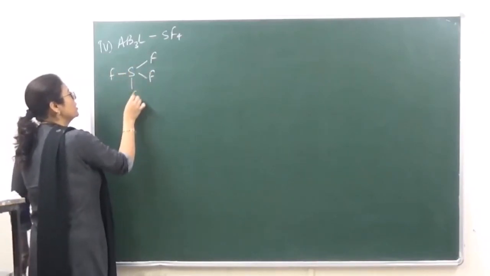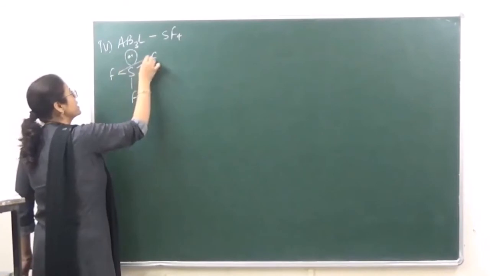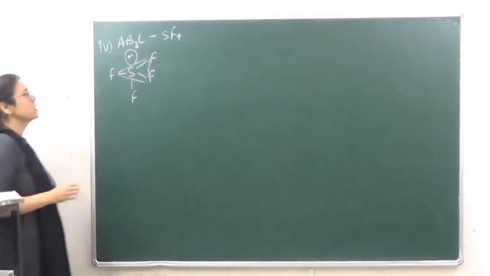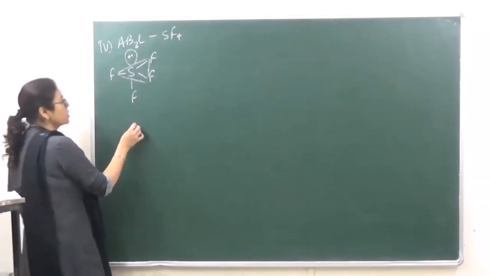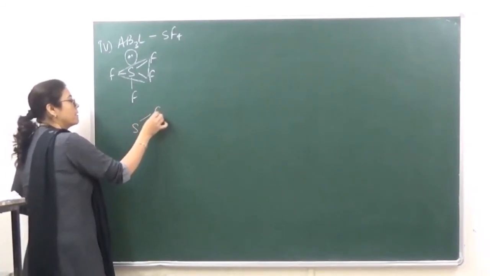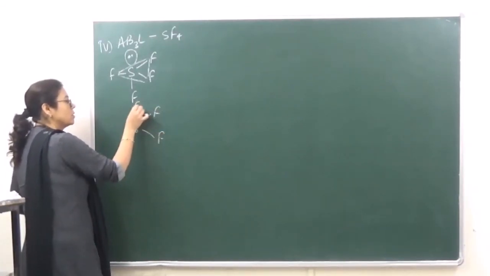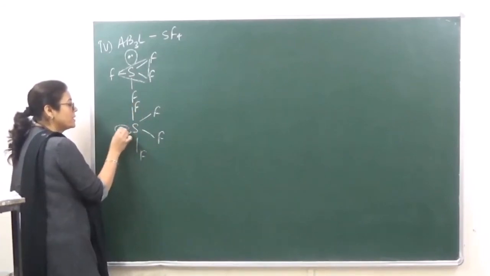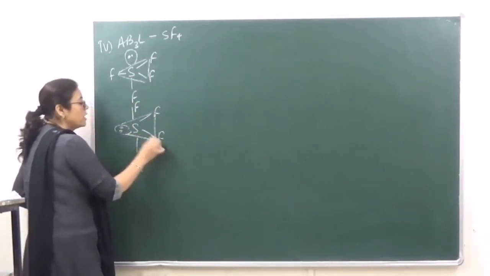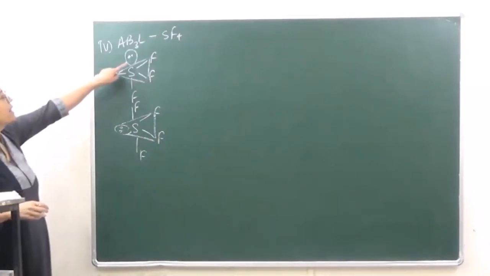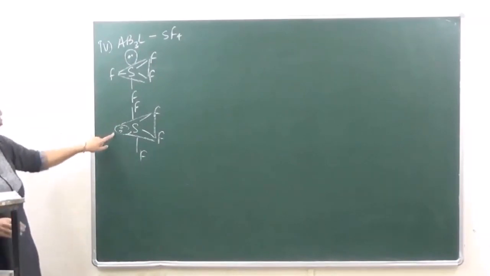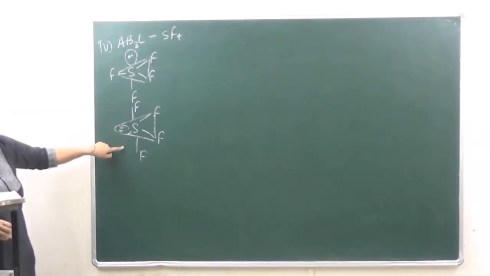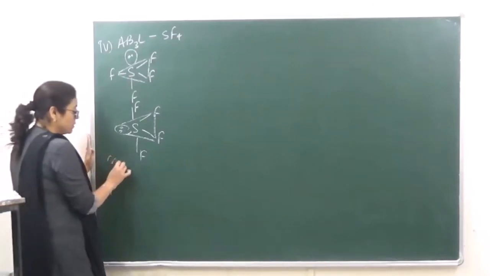The first structure is one in which the lone pair is directed towards the axial position, and the second is one in which the lone pair is directed towards the equatorial position. If you're looking at the lone pair over here, it is going to suffer 3 repulsions, and the lone pair over here is only going to suffer 2 repulsions. So this is more stable.